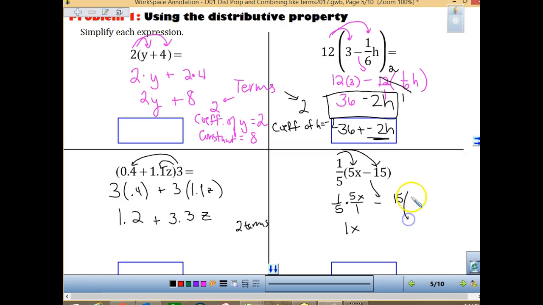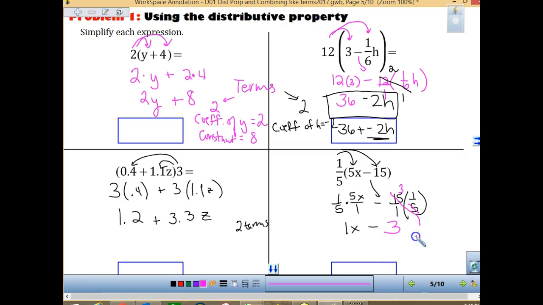So 15, and I want to go with the 1/5 times that. I want to think of it as 15 over 1, right? So, Brooke, if I'm looking at that, how can I say 3, and this is going to become a 1. 5 goes into 5 once and into 15 3 times.